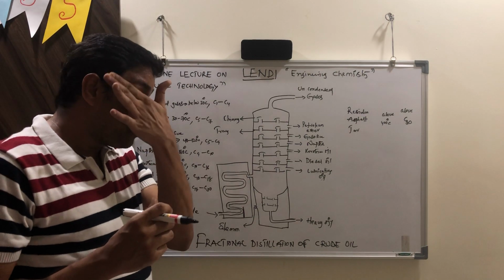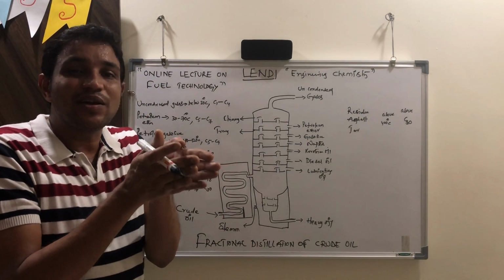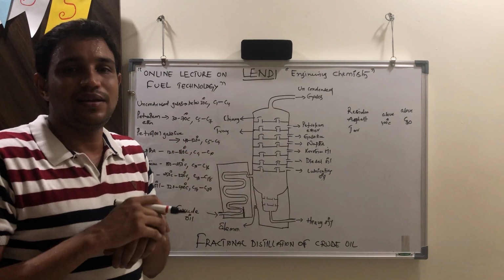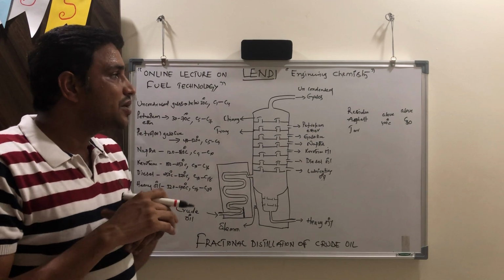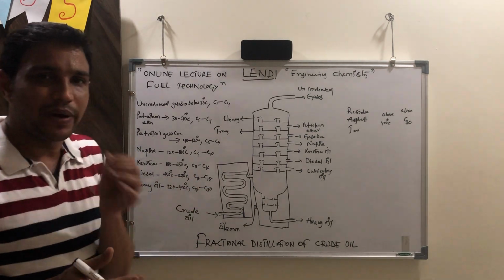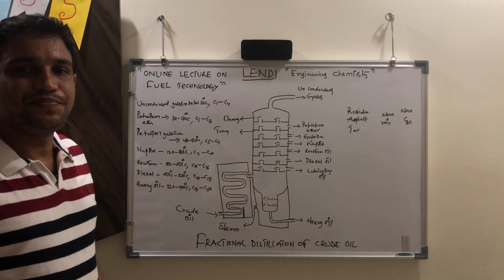Now what we want to do is utilize that crude oil in a proper manner, right? So how to utilize it in a proper manner? Crude oil is a mixture of all.